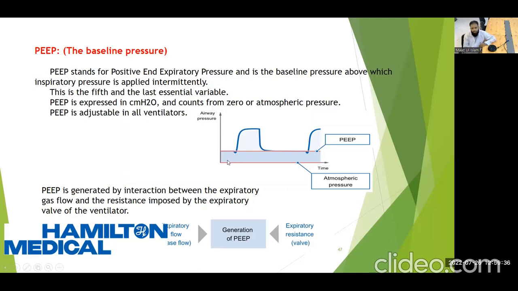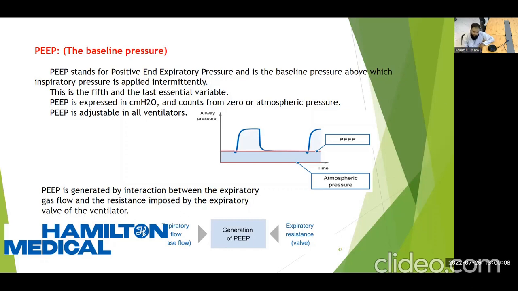One other target of PEEP is to maintain FRC. What is FRC? Functional residual capacity. Basically, FRC is the combination of residual volume and expiratory reserve volume, which is approximately 2500 in an adult. So to maintain FRC, we should set the PEEP in a ventilated patient.